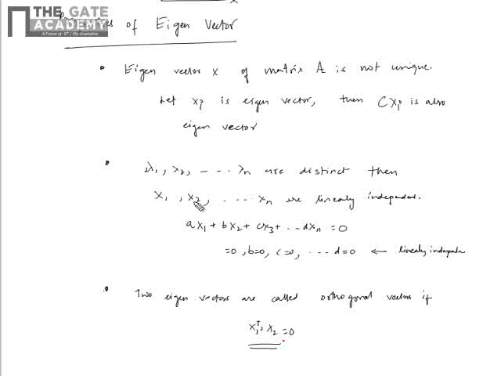We have seen one important derivation, that A and A transpose have the same characteristic equation and thereby the same eigenvalues. But what happens to the eigenvalues of a Hermitian matrix and so on, I don't think that is that important. The basic properties are that the sum of the eigenvalues is equal to the sum of the diagonal elements, and the product of the eigenvalues of a matrix is equal to the determinant of the matrix.